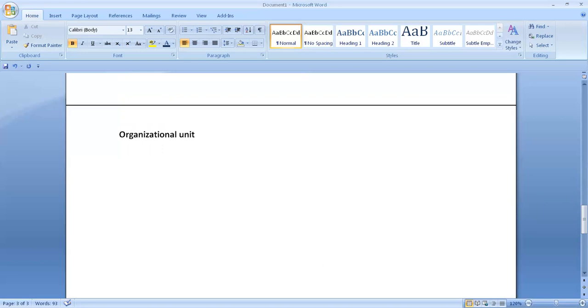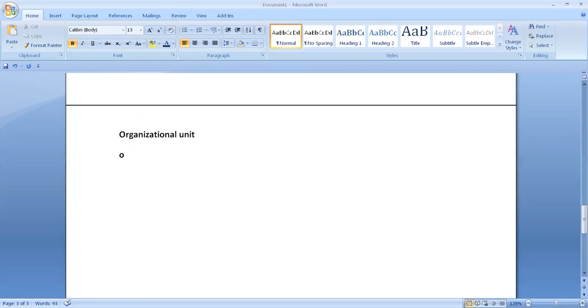We have to understand what an organizational unit is. We discussed different object types and other things.